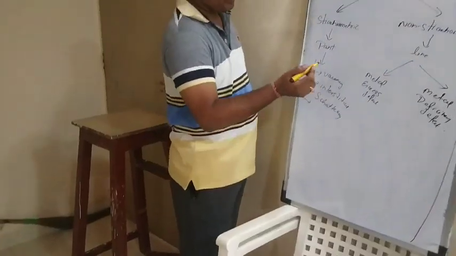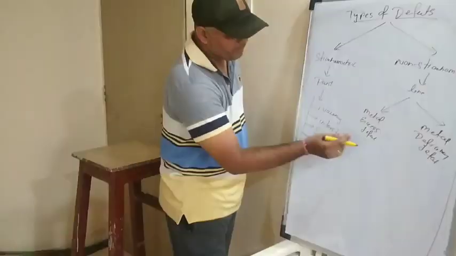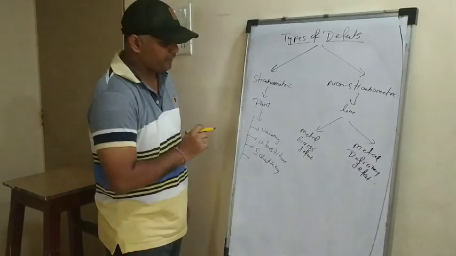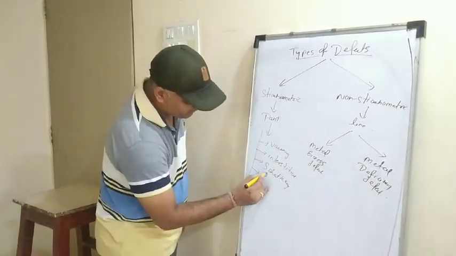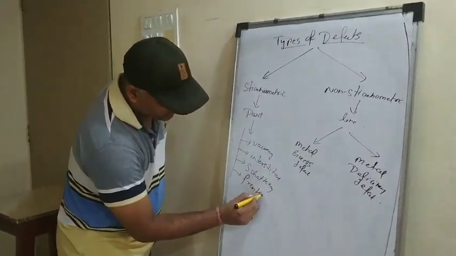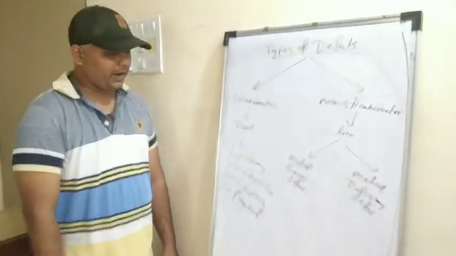Right? So here you have the metal excess defect, the metal deficiency defect, and here the vacancy defect, interstitial defect, Schottky defect, and the fourth one is Frenkel defect, right?